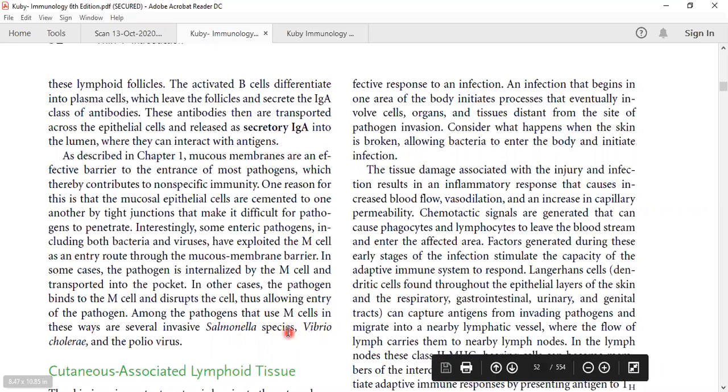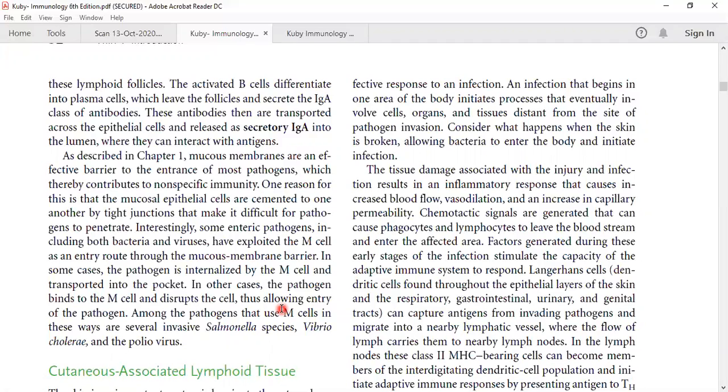So therefore, we need a kind of defense mechanism in our intestine so that these pathogens which are going to infect us through our digestive tract can be neutralized. Therefore, we have these Peyer's patches and all the things. Right?